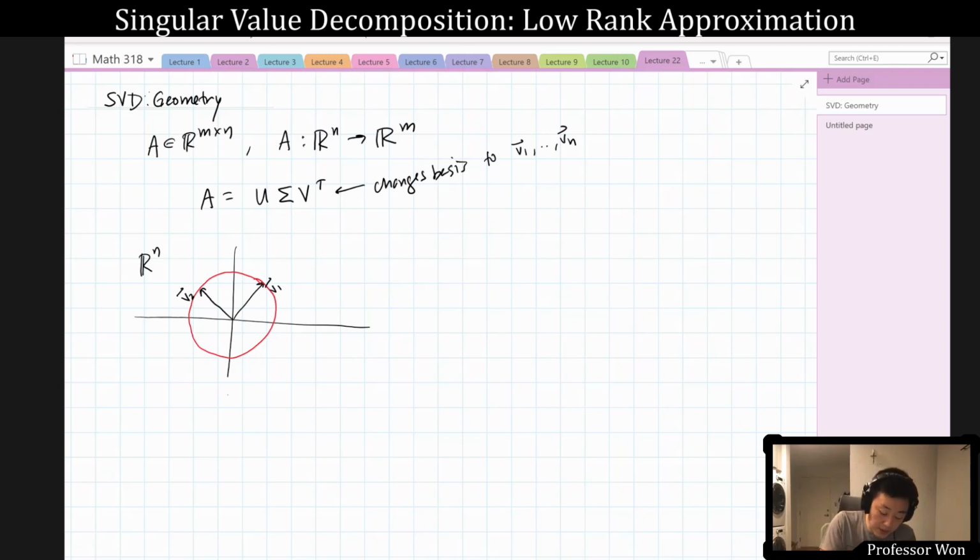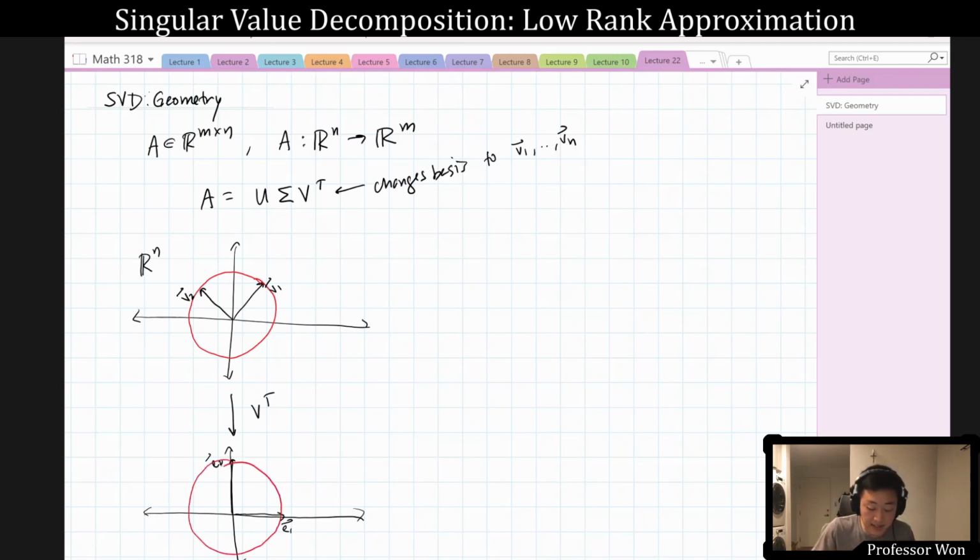And what V transpose does is it sends V1 to E1, and it sends V2 to E2. Again, because in the basis V1, V2, those are the basis vectors, so you would write them as 1, 0 and 0, 1. And as we just said in the last result, it sends the sphere to itself.